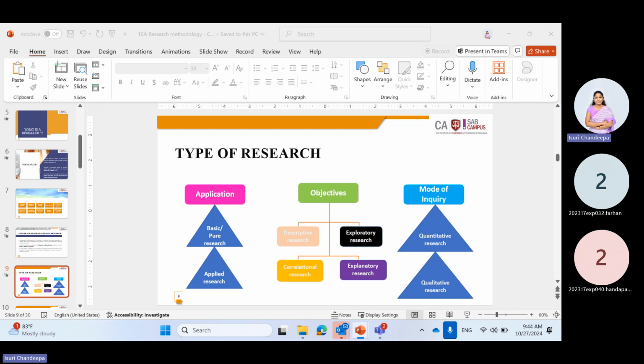Where is the description? So let's keep on the linear of the. Okay, we try.